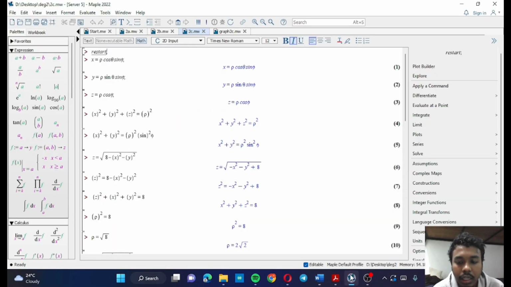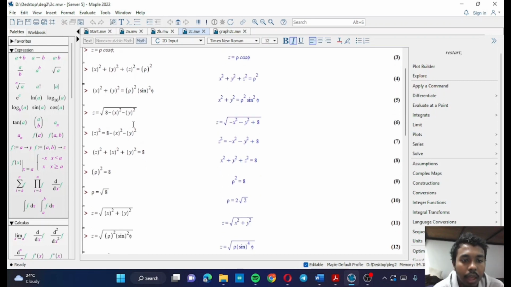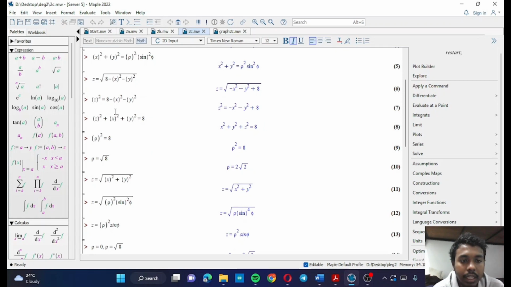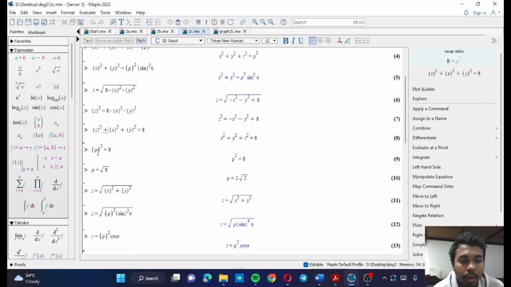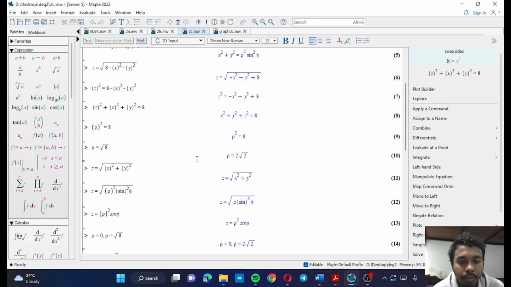So we will see the coding, and this is the coding. I declare first the Cartesian formula, and then this is the upper limit for z, and I change that to z, then transfer to z. Then this is the same rho like this. So we know that rho is equal to square root 8. Yes, this is the answer for the upper limit rho.